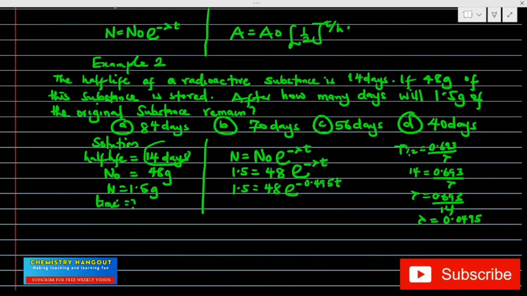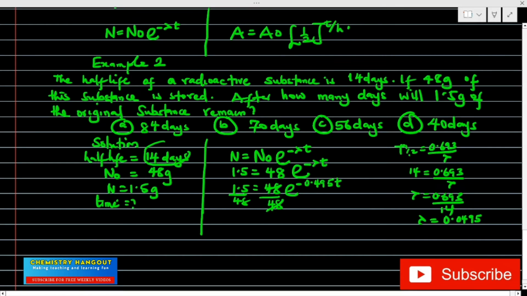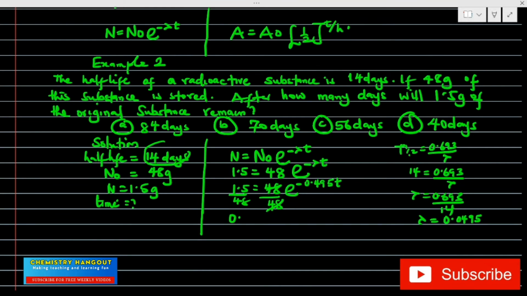So this cancels this. So 1.5 divided by 48 is giving me 0.03125, which is now equal to exponential minus 0.0495 t.